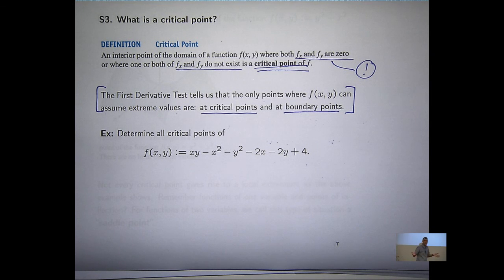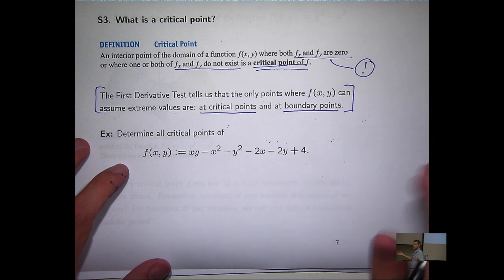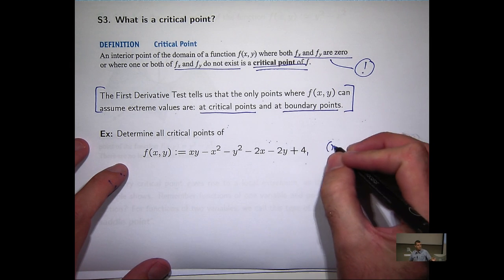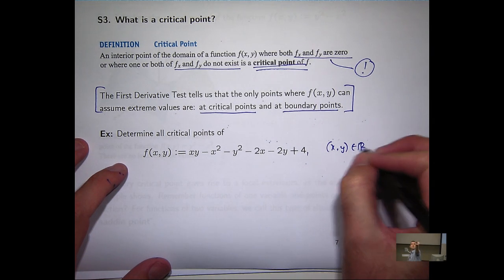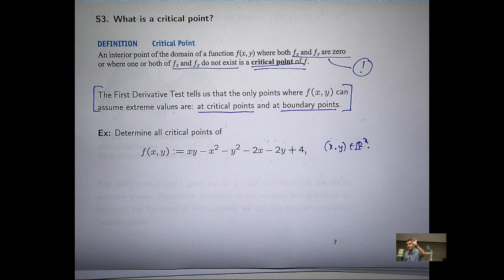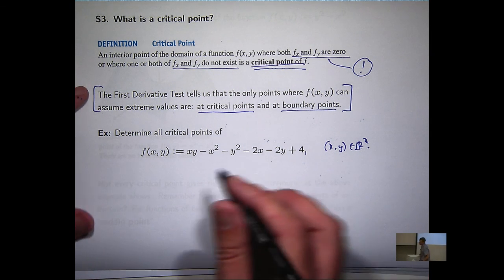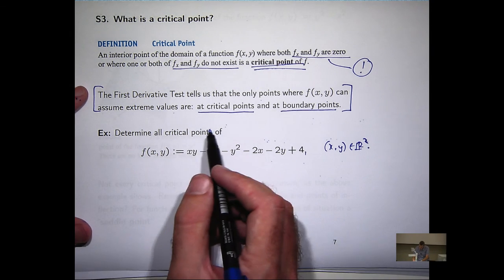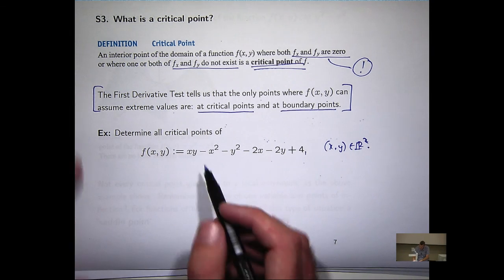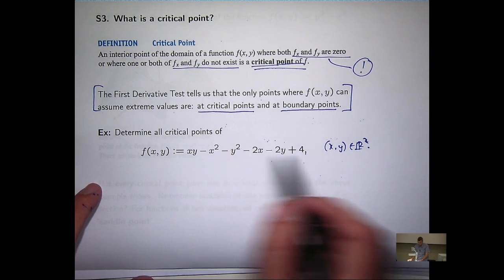All right, determine the critical points of the following function. So this is a relatively easy example. So here the domain is just all the xy plane. Okay, so to solve this, to calculate the critical points, we just take the partials and set them equal to 0.